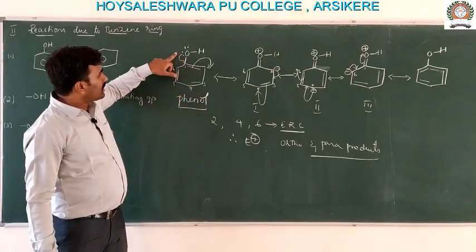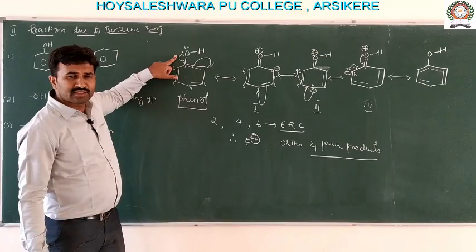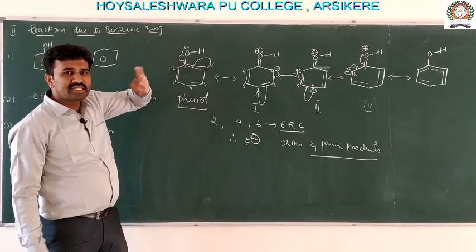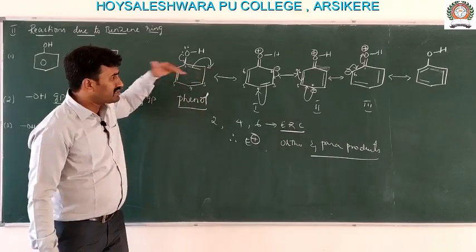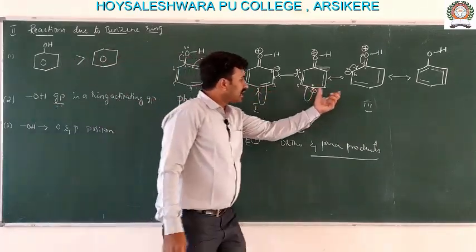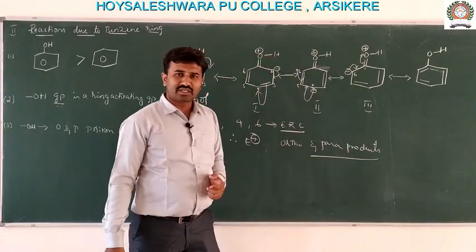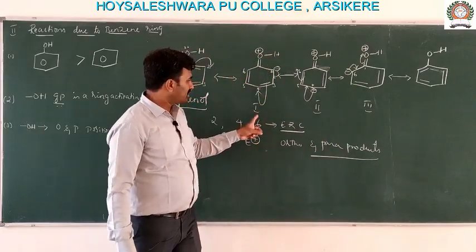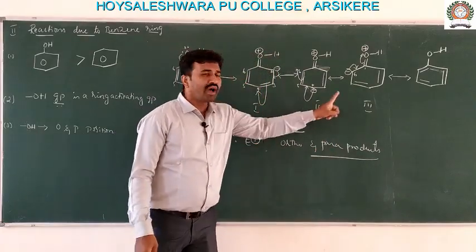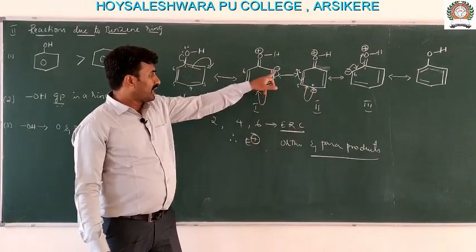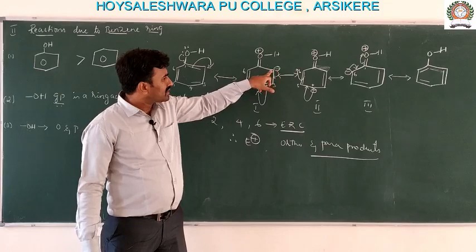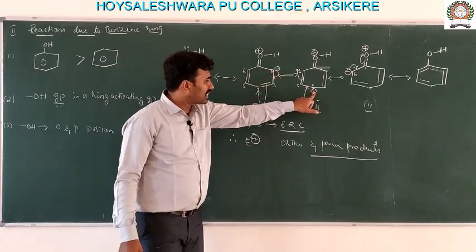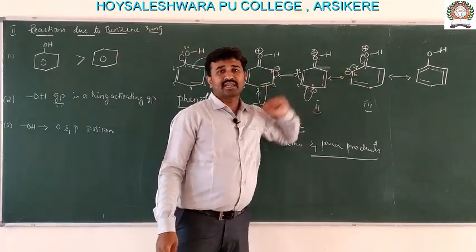In phenol, the lone pair of electrons present on the oxygen atom is involved in resonance with the benzene ring. These three are resonance structures of what? Benzene. If you observe structures 1, 2 and 3, electron rich sites are present on the second carbon atom, the fourth carbon atom and the sixth carbon atom.